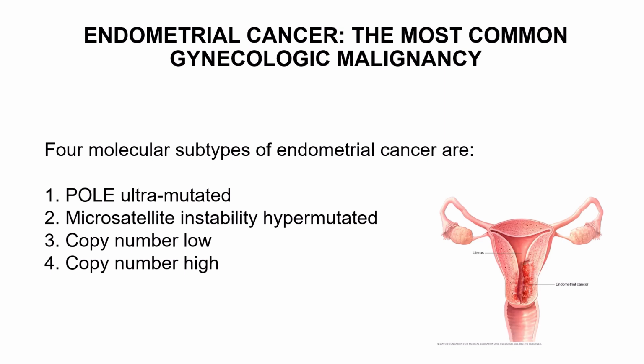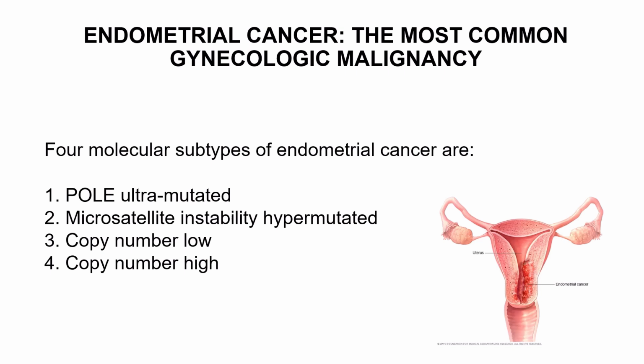Four different molecular subtypes of endometrial cancer have been identified based on their distinct genetic and molecular characteristics. The first one is POLE ultramutated tumors. This subtype is characterized by mutation in the DNA polymerase epsilon gene, resulting in a high mutation rate, so an ultramutated phenotype. These tumors often have a favorable prognosis due to enhanced immune recognition and responsiveness to immunotherapy.